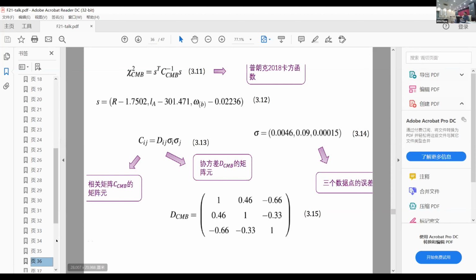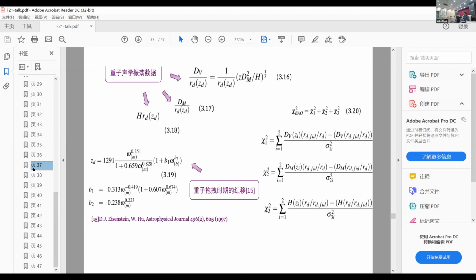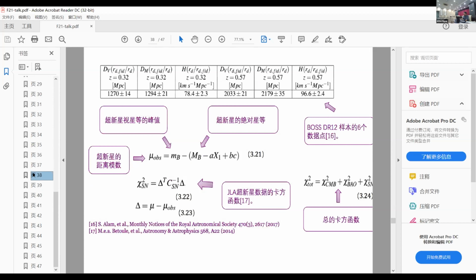So we do the data analysis and the chi-square check. This is too technical, I should speed up. This is the data from baryon acoustic oscillation, with different redshifts and different sizes. In an easy-to-understand language, it's kind of a large yardstick to measure the universe. You can understand it this way.